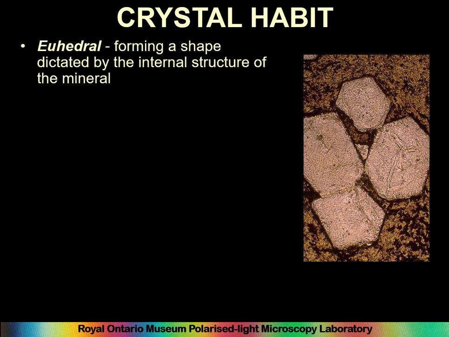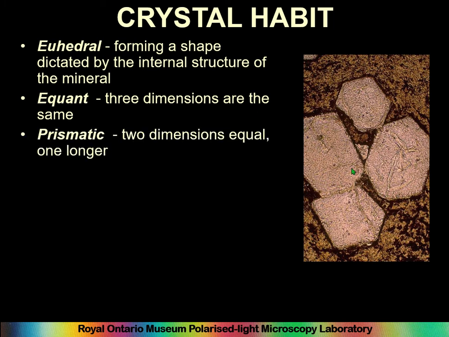So these shapes, these habits include euhedral. That means it's crystal shaped, dictated by the internal structure of the mineral, like these are. You see, these are dictated by the internal shape of the mineral. Equant, 3 dimensions are the same, or actually 2 when you've got it cut through. And of course these are equant. So you can say that about them.